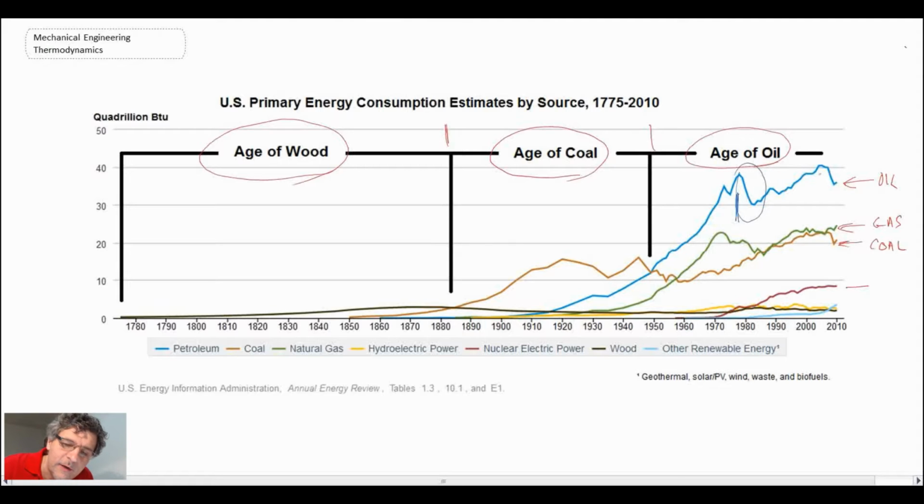And then we see another drop up here starting in about the mid-2000s. That's related to the economic crisis that started in about 2007. And consequently, that gives us an idea as to the energy use. But the main thing to take off of this is that where are we getting our energy from? Well, for the most part, we're getting it from oil, gas, and coal. So those are the primary means by which we're getting our energy.